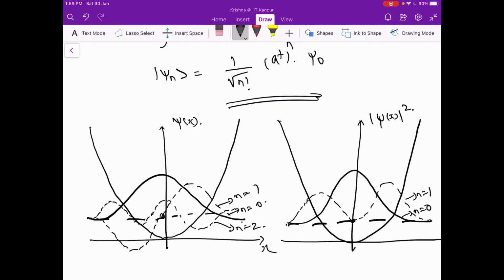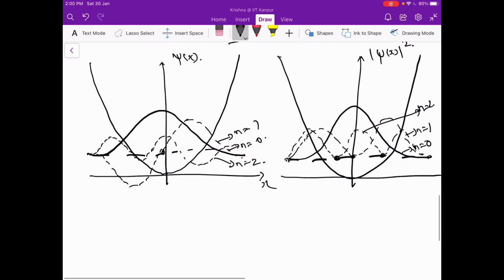This is n equal to 1. N equal to 2 should have obviously two nodes, right? So it will have nodes here and nodes here. This is n equal to 2. Right. So these are the wave function solutions for a harmonic oscillator.